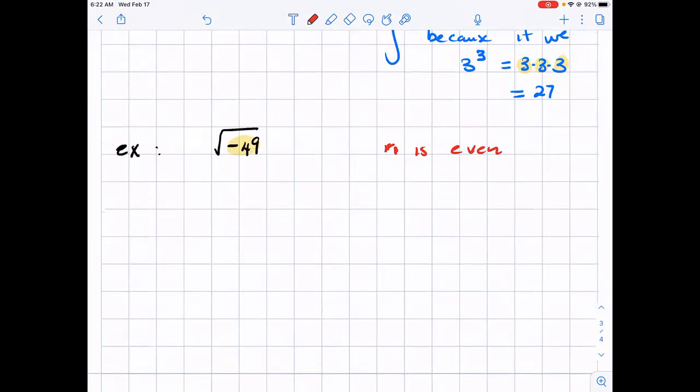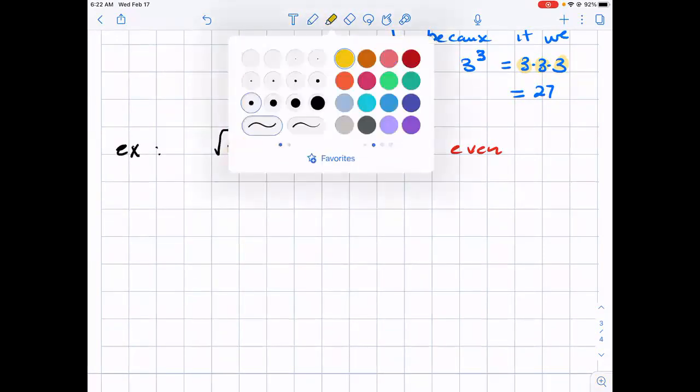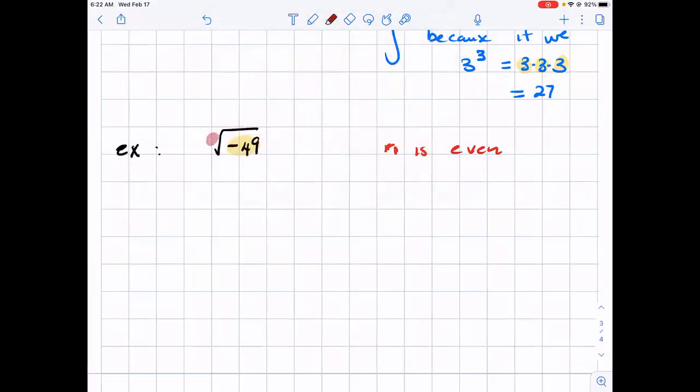When we speak of n, we're really referring to the number there, the index. For square root, we know that it's even. Okay, n is even, and if n is even, the radicand, what I've highlighted here in yellow, cannot be negative. So this here doesn't exist.